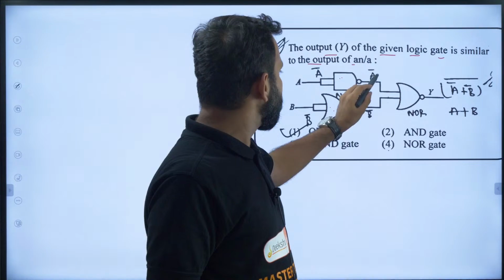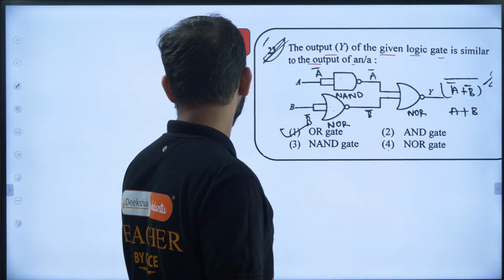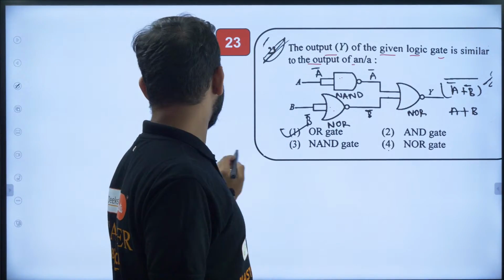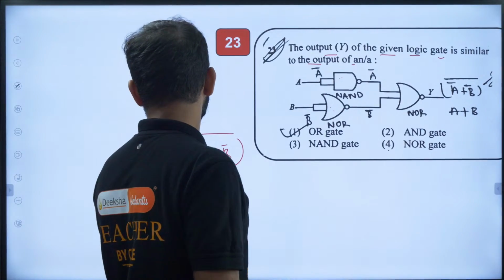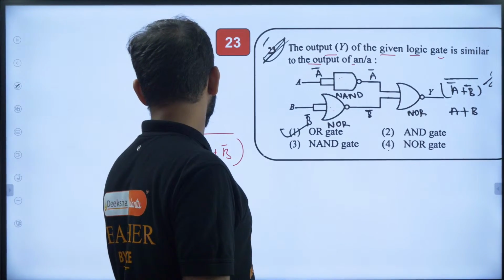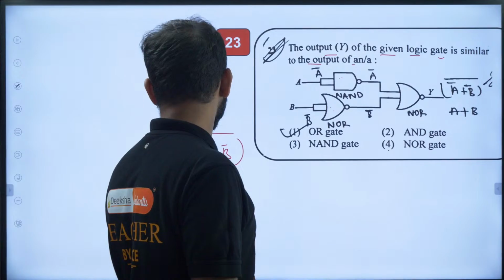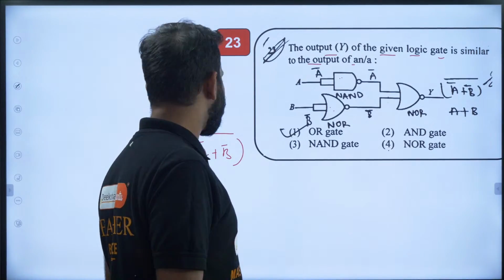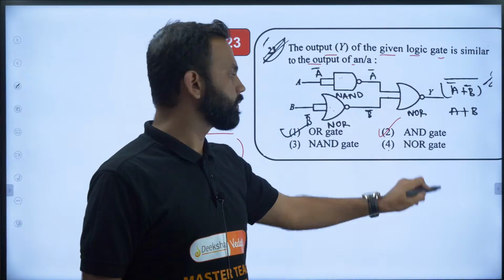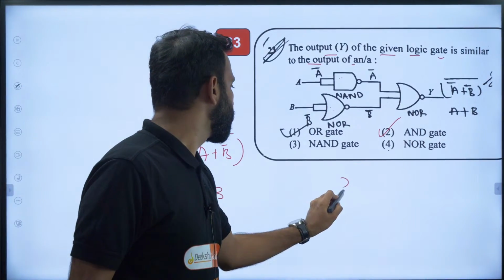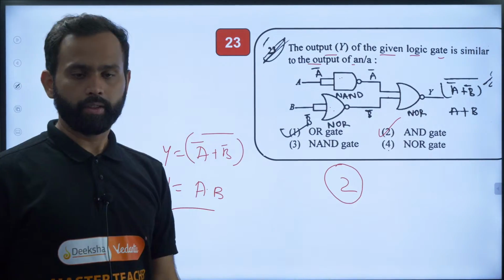There are two inputs, A bar and A bar. So now the output will be Y equal to (A bar plus B bar) whole bar. Then this will be A bar bar dot B bar bar, that is A dot B. We know that output of the AND gate is A dot B. So the correct option is 2.